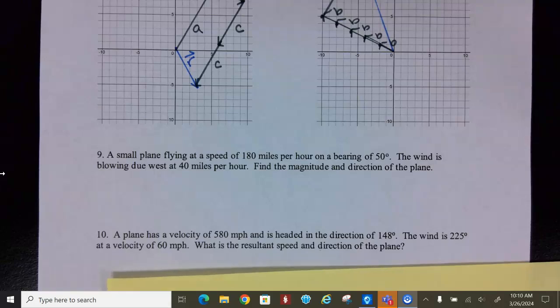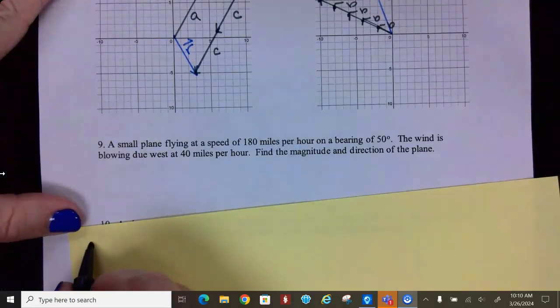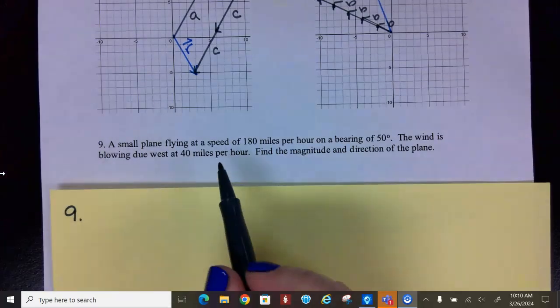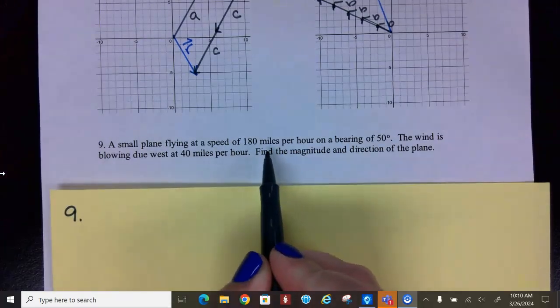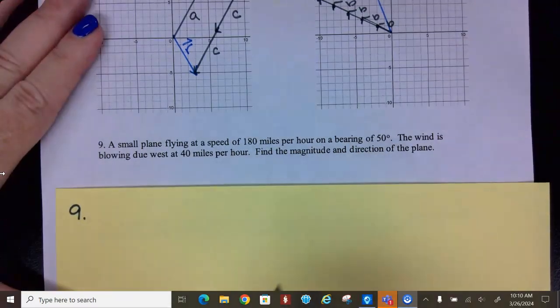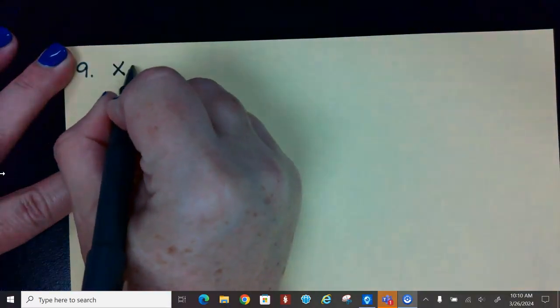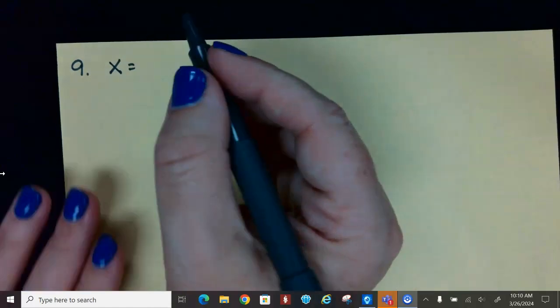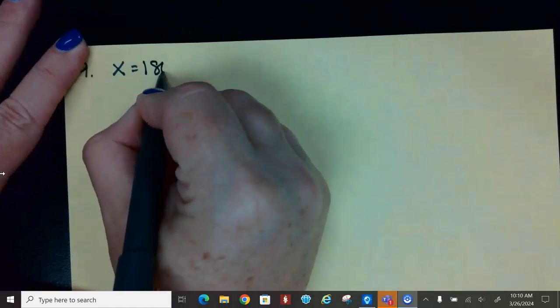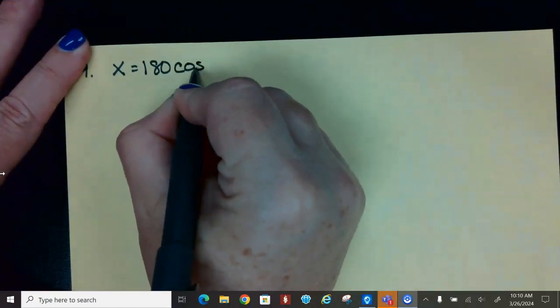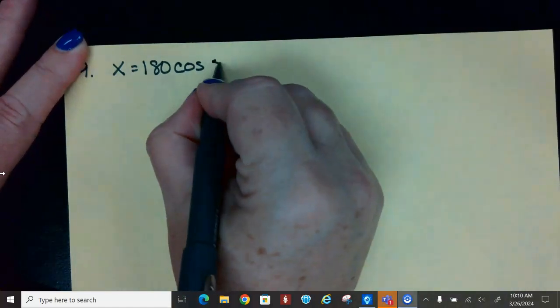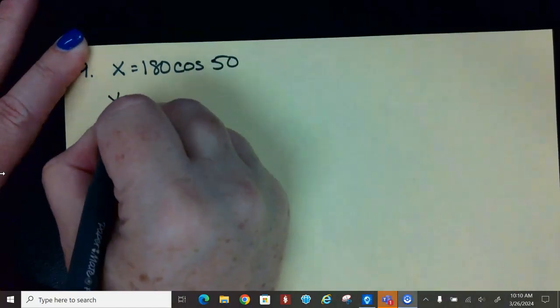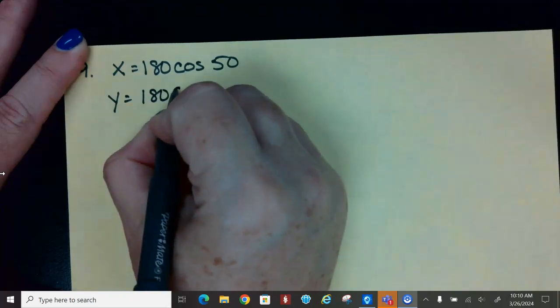Okay, so number 9. It says a small plane is flying at a speed of 180 miles per hour at a bearing of 50 degrees. So what we're going to do here is x. Remember, degrees go in the back. So this is going to be 180 because x is cosine and 50. And then y is going to be the same thing but in sine.